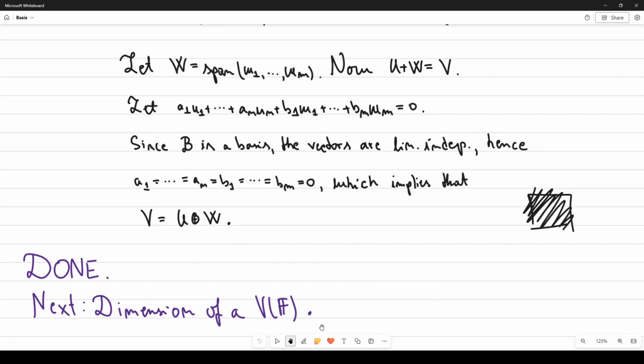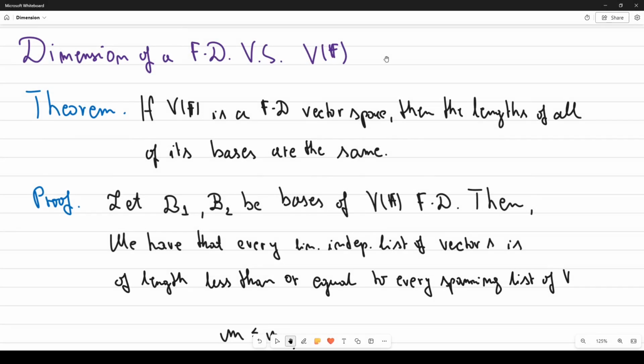And now we're just left to introduce the concept of the dimension of a vector space. And at the end, we can go over the dimension of a finite dimensional vector space. Before we can give the definition, we have to show the following result. If V is a finite dimensional vector space, then the lengths of all of its bases are the same.